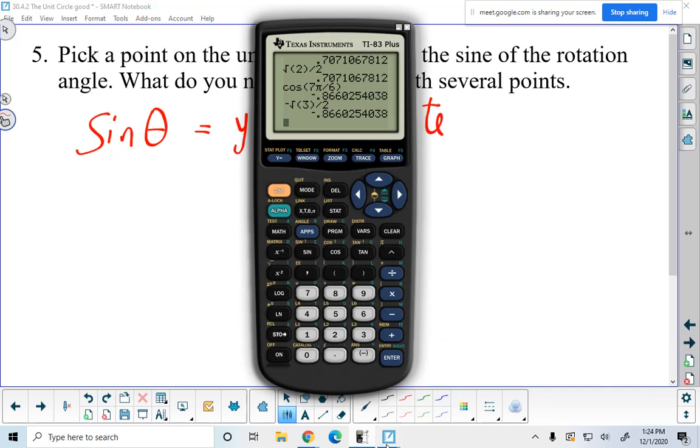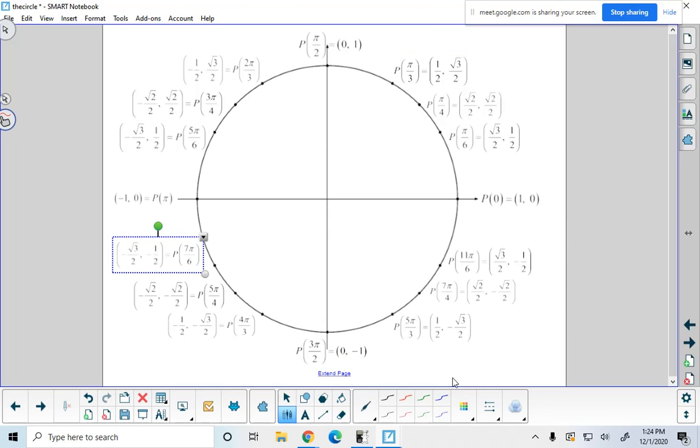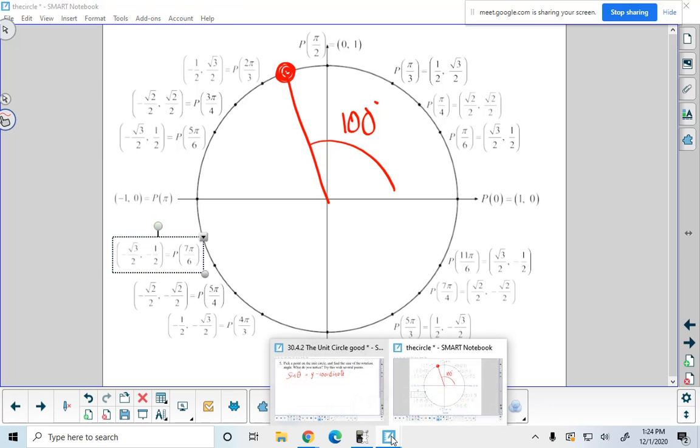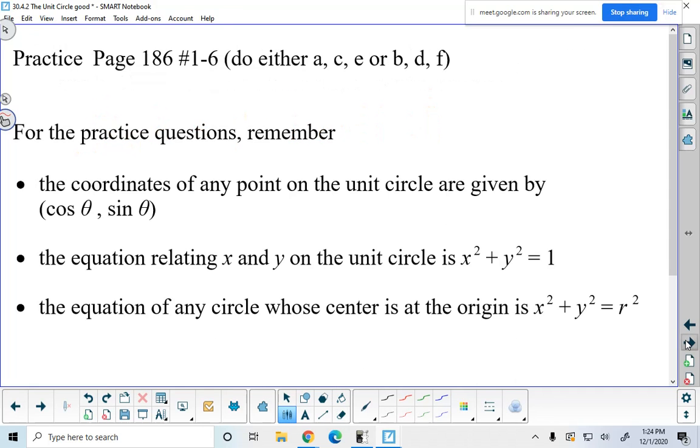If I told you that we had a rotation angle of 100 degrees, what are the coordinates of this point? The x coordinate will be whatever the cosine of 100 degrees is, and the y coordinate will be whatever the sine of 100 degrees is. So on the unit circle, the coordinates are given by the sine and the cosine.